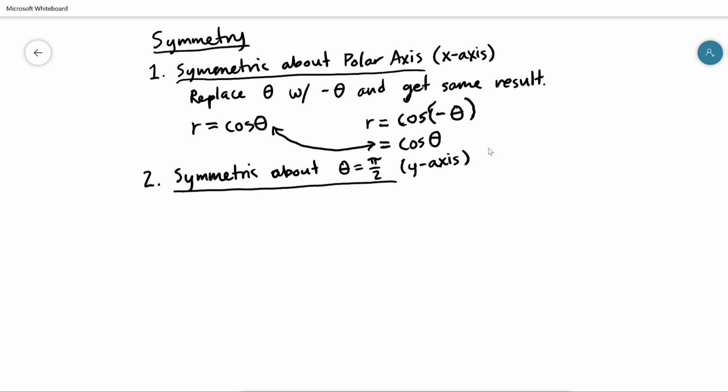And it turns out the check in this case to see if something is symmetric about the y-axis is we can replace theta with pi minus theta and see if we get the same result.